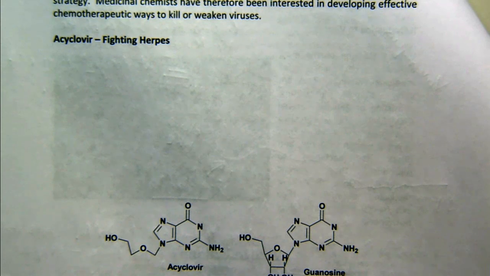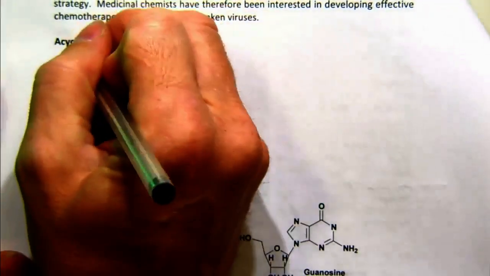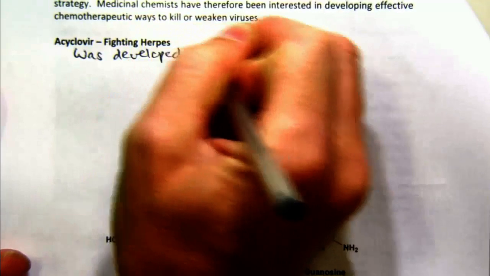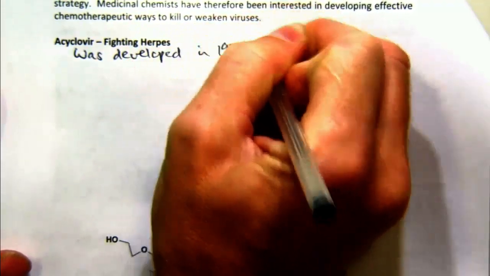And the treatment that was developed in the 1970s is called Acyclovir. And we're going to think about how Acyclovir works because it's quite a rationally designed drug. So it was developed in the 1970s. Worth noting, this is a long time after people started working on antibiotics.